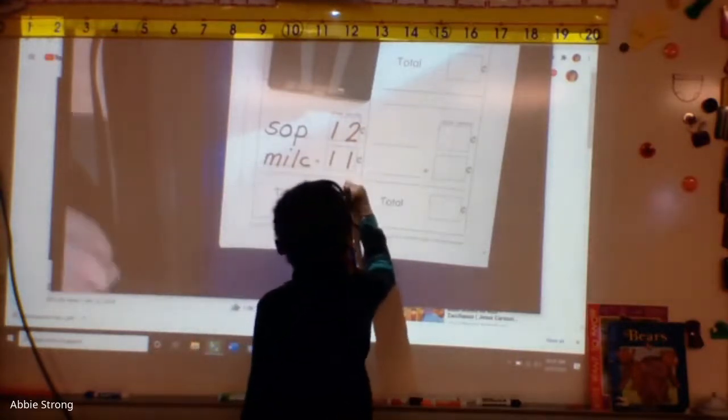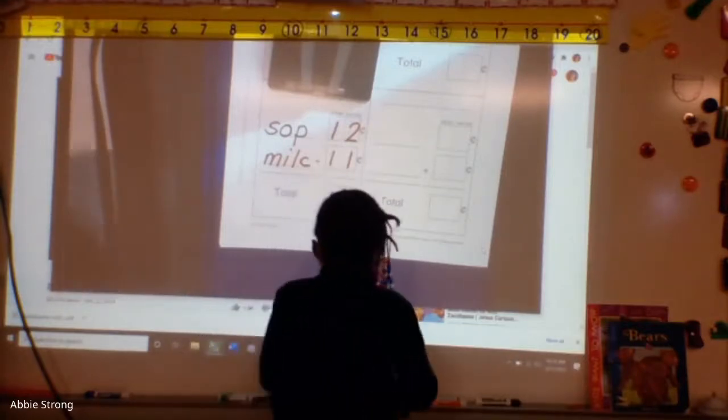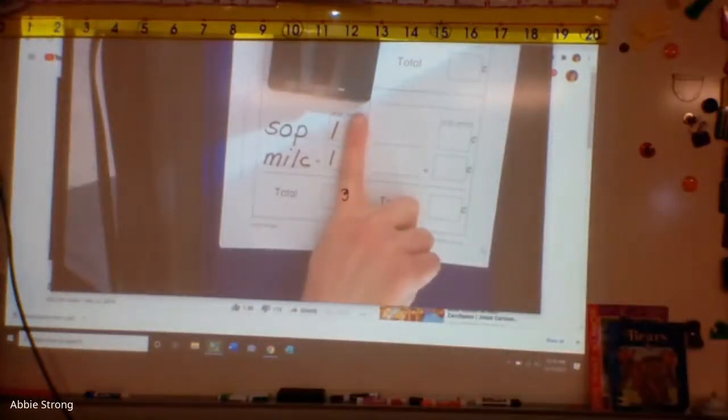Now, 1 plus 1, because now we're adding the tens place values. We can cover up those pennies. We're done with those. What is 1 plus 1? You can do your doubles wrap. 1 plus 1 equals, woo! Kylie.